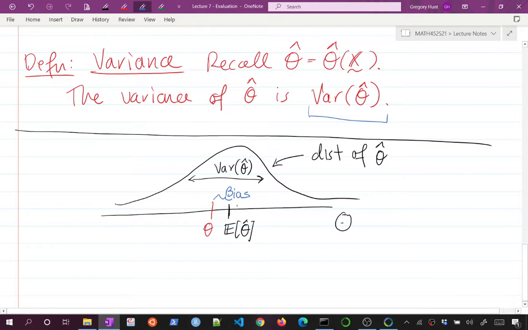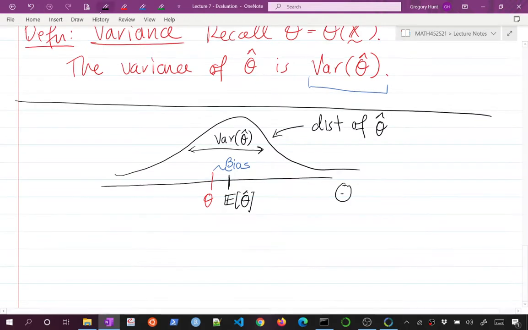And my variance tells me the distribution of theta hat around its mean. So how far is the mean from the truth, and how is theta hat distributed around its mean?